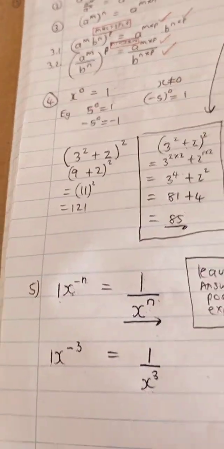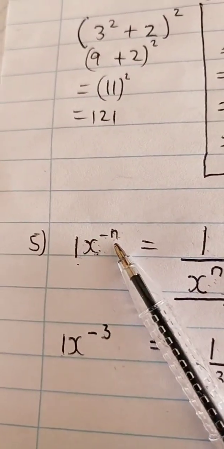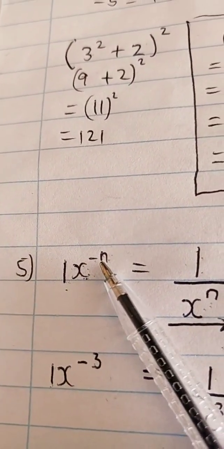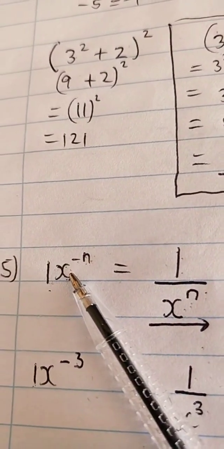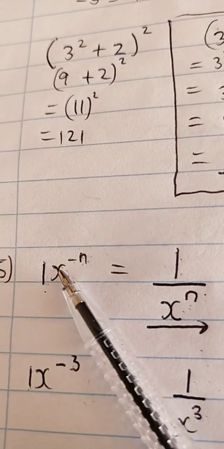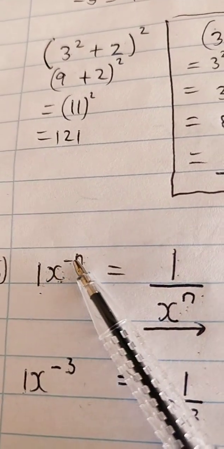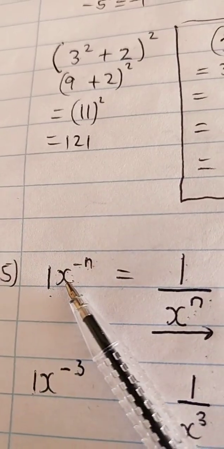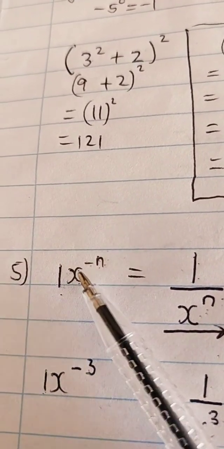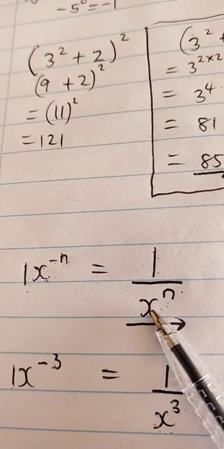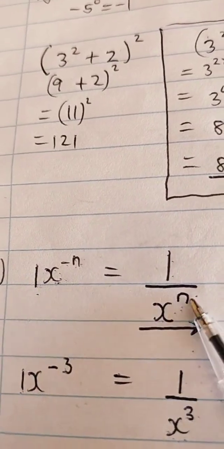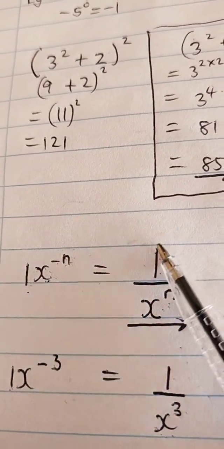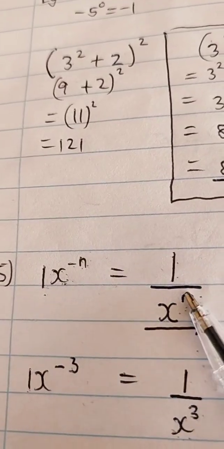Okay. Then we looked at negative exponents and the fact that any base raised to a negative exponent simply means that that particular base will change its position. Currently the x is in the numerator. So when you apply the negative exponent, the variable x changes position from the numerator. It is written in the denominator. The sign of the exponent changes from negative to positive, and then our answer becomes 1 over x to the power n.